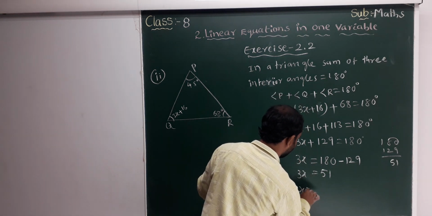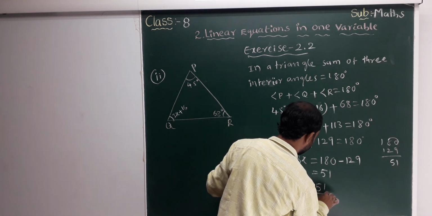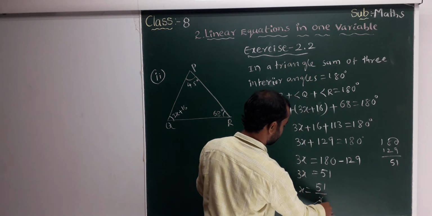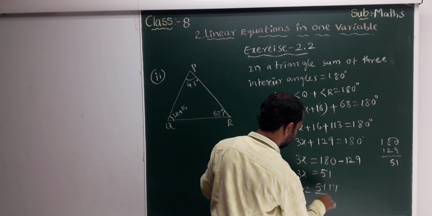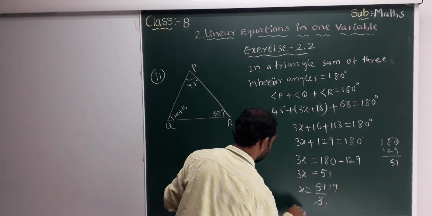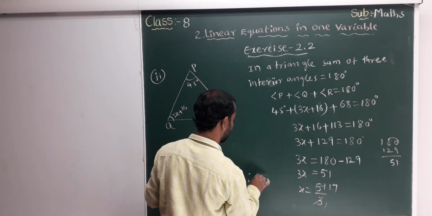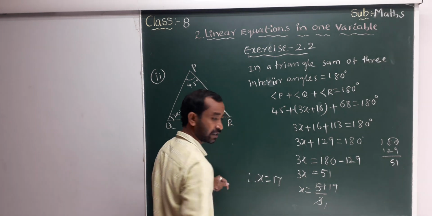So x equal to 51 by 3. 3 ones, 3 ones, 3 sevens. So therefore x equal to 17. Okay.